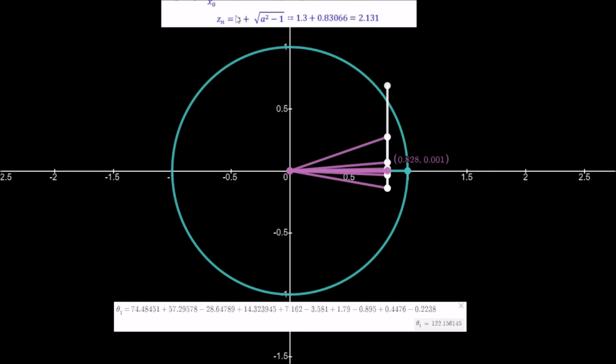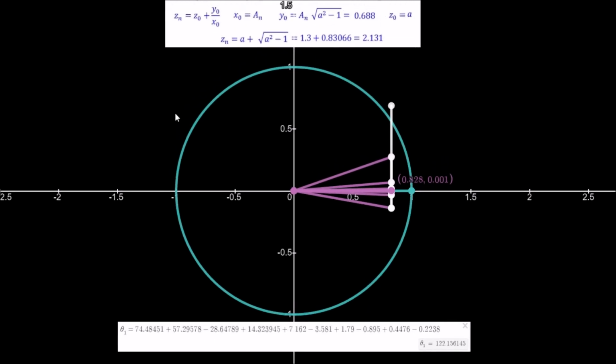Now 1.3 in radians, we multiply it by 180 and divide by pi, which will give us 74.48451. So we start off with this, and this is our first angle. And then we add on and subtract off these angles here. And of course, we add and subtract depending on whether the value of our y is going to be positive or negative at each iteration. So let me go ahead and I'll add and subtract these off just now within the simulator.